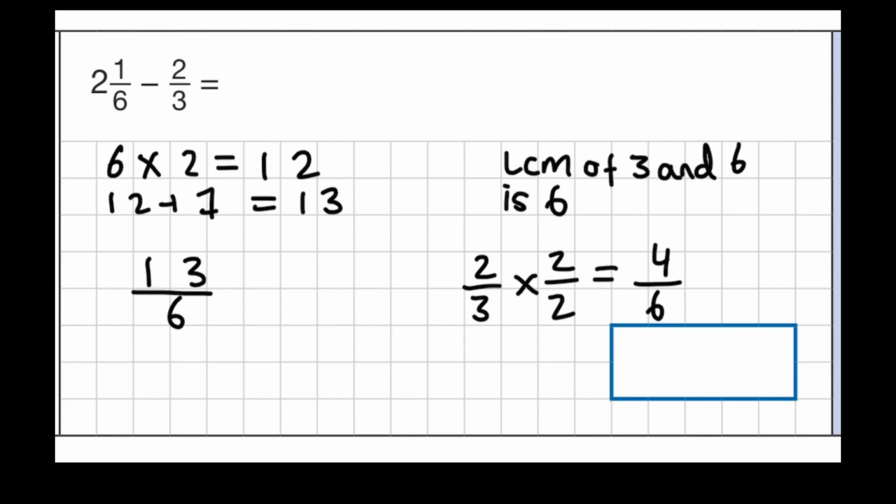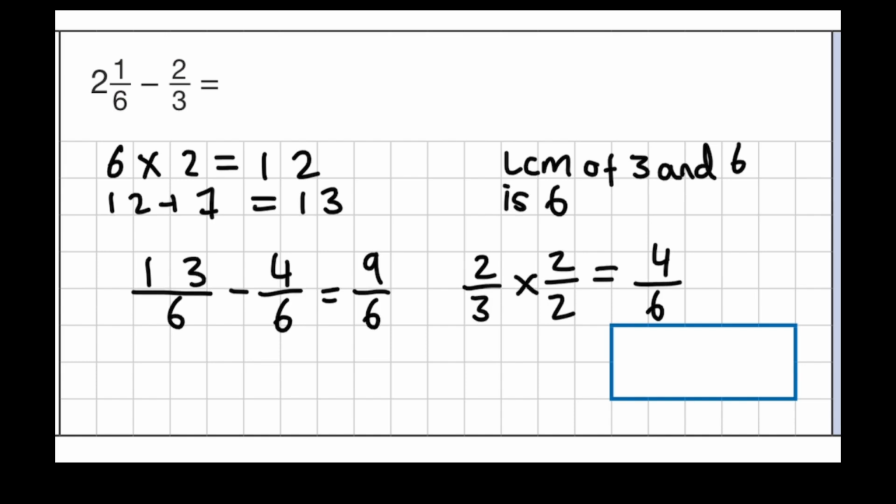And now I will be able to complete the subtraction. 13/6 minus 4/6. Thirteen minus 4 is equal to 9, and the denominator remains the same.